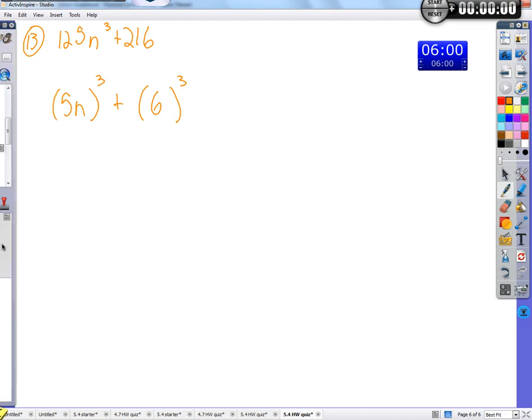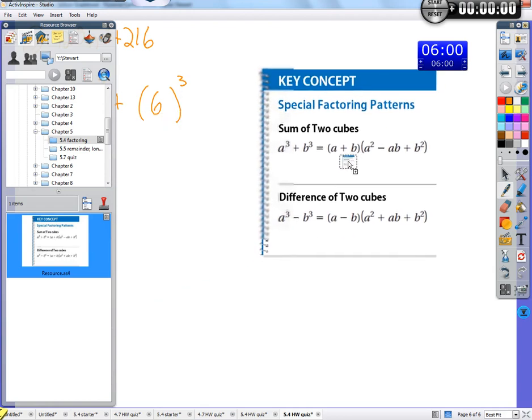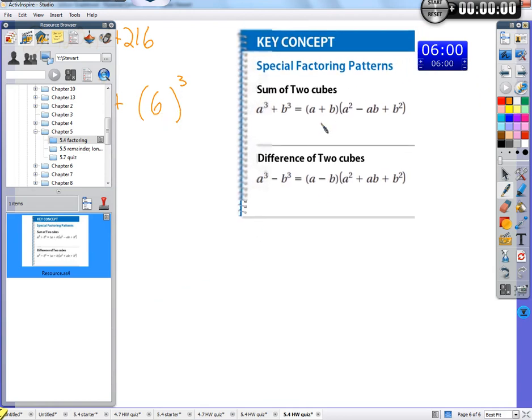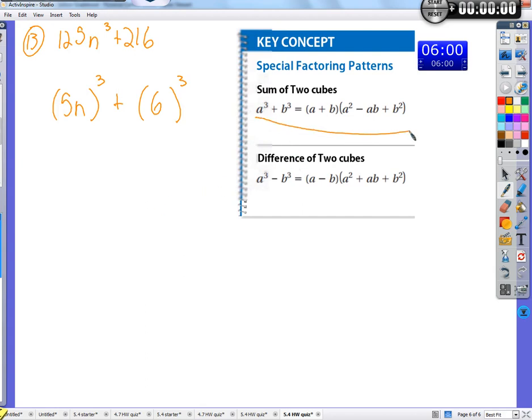Because I took the time to do this, bring it over. Here's our sum of two cubes. So a in this case is 5n. This whole thing is a, and this is b. 6 is b. Just plug it in.